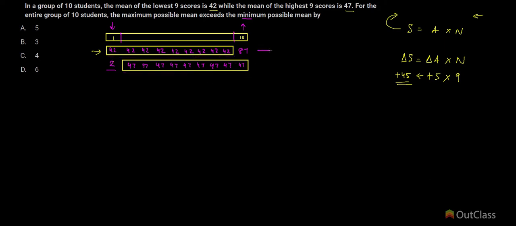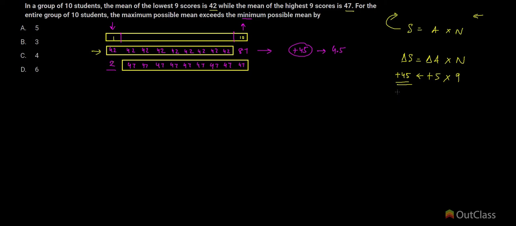Now as far as this average is concerned, it is actually plus 45 if you compare with a case where all were 42. Start by thinking, what if all were 42? Then the average would have been 42. But then we replace the last number and increase the sum by 45, which means the average will increase by 4.5.